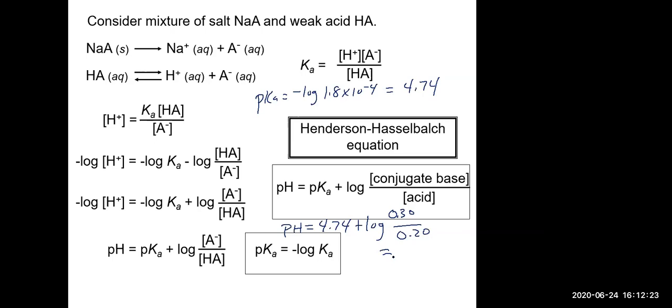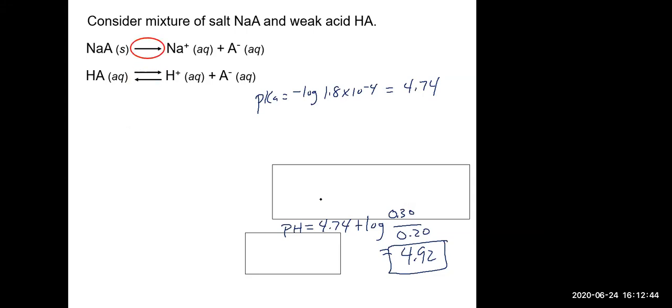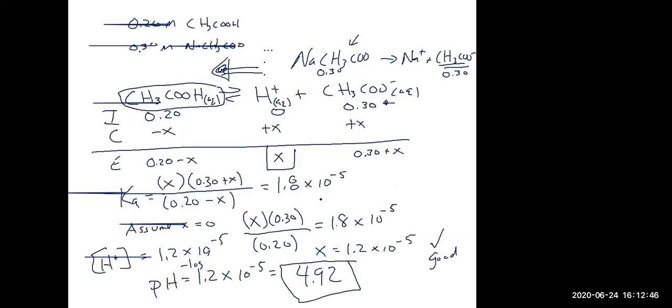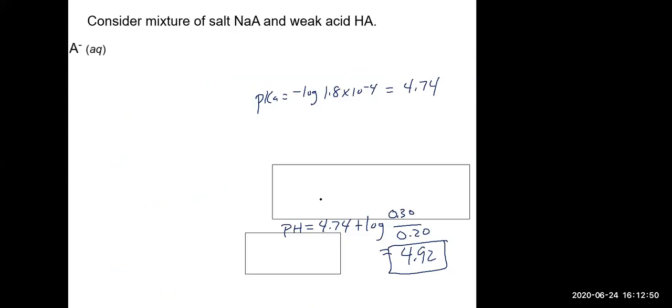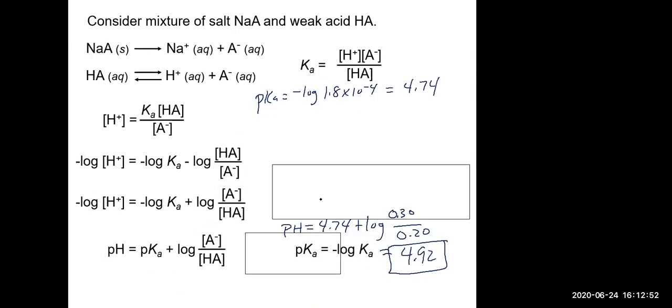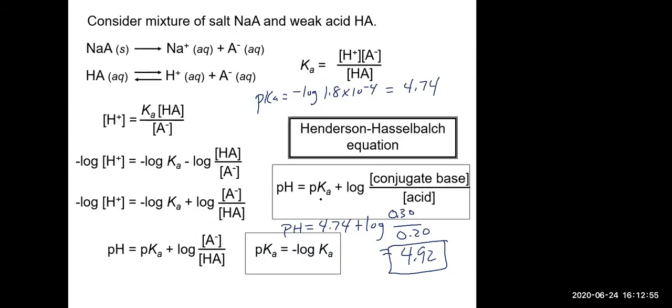Taking the log of that and adding 4.74 gives us a pH of 4.92. You can see we got the exact same pH as in the previous problem, 4.92. We didn't have to do an ICE table. We could go right into the Henderson-Hasselbalch equation.